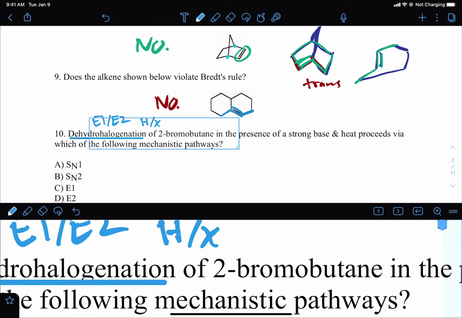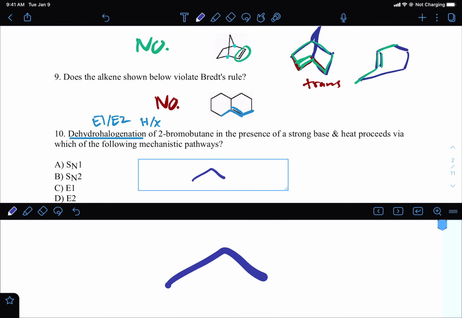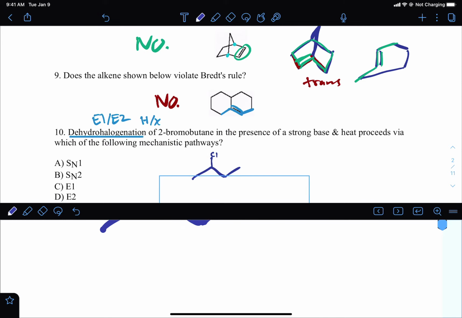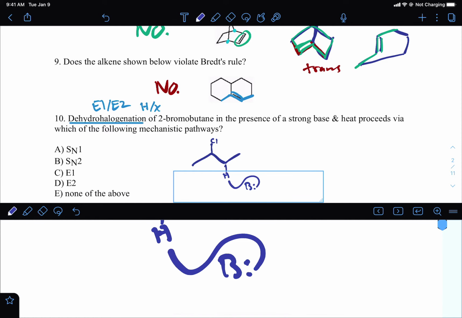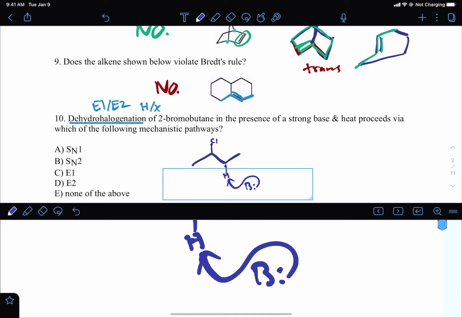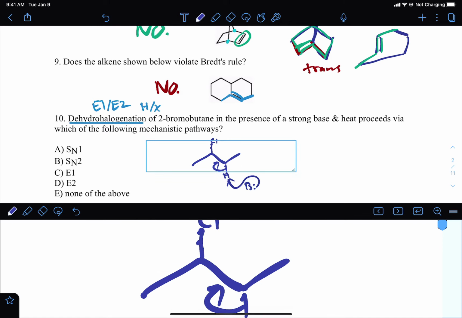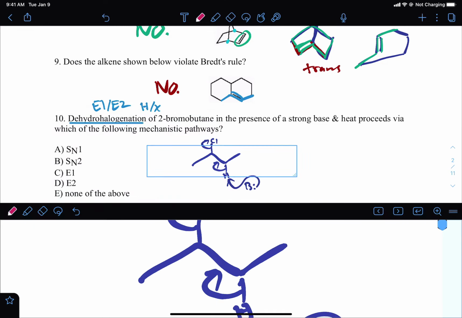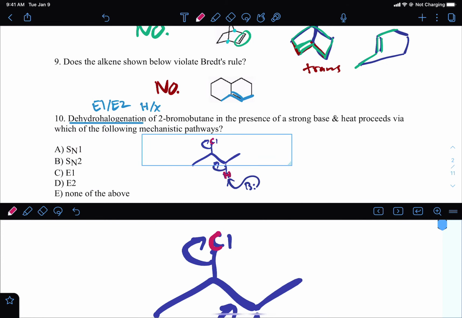Okay, so we've done simple eliminations where we've got a halogen and a base removes a neighboring hydrogen. Electrons fall in, push off the chlorine. That's a dehydrohalogenation. We are removing an H and a halogen. Okay, so that's E1, E2, where you are losing H and X.